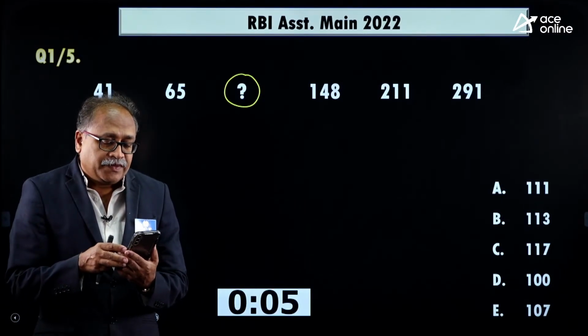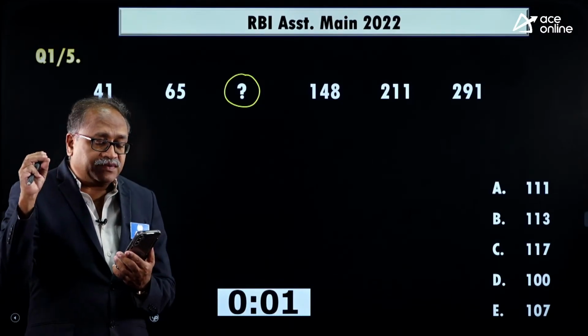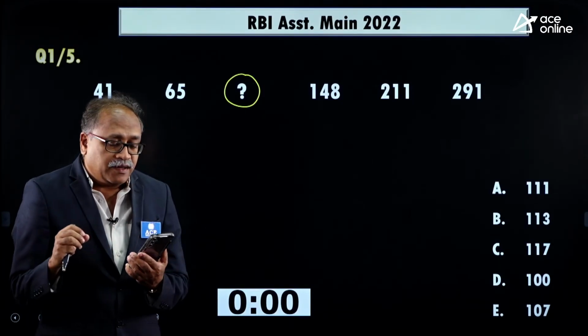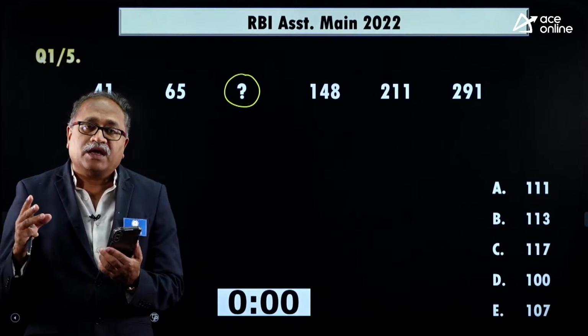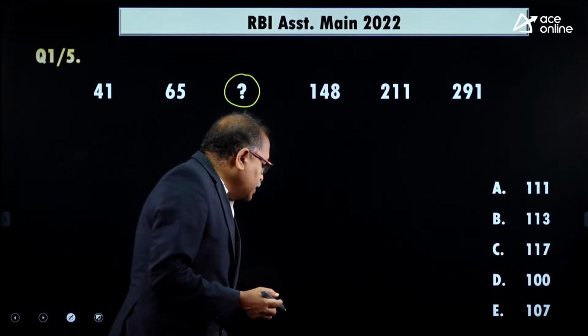At your end there is a 5 second delay. Once your time is over, I will try to answer the question. In the meanwhile, if you get the answer, please let us know.